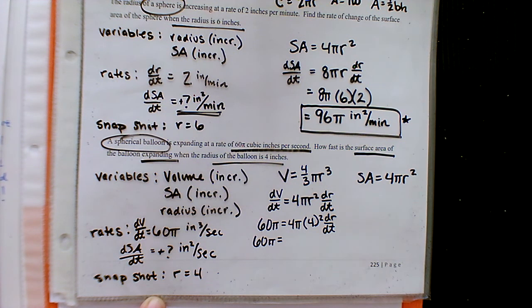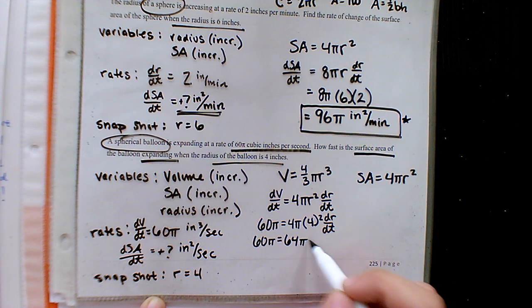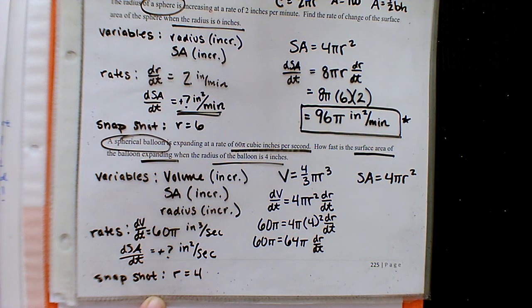60 pi, 16 times 4 is 64. If we divide 64 pi over, the pi's will cancel. And then 60 divided by 64.